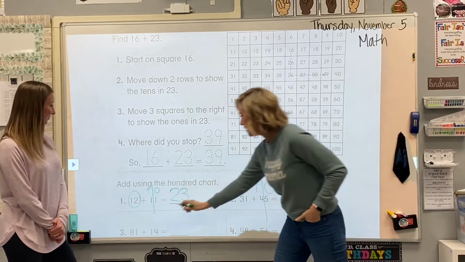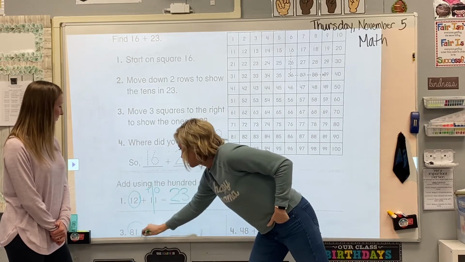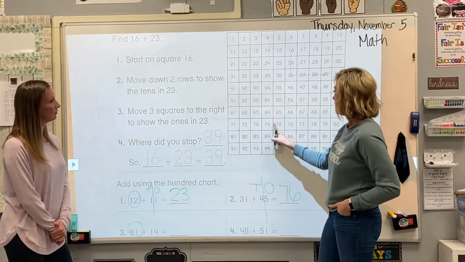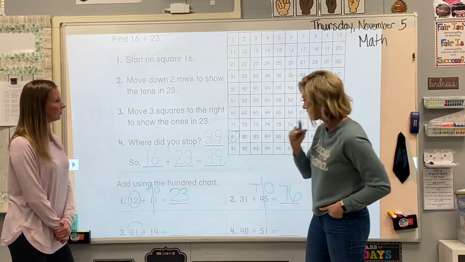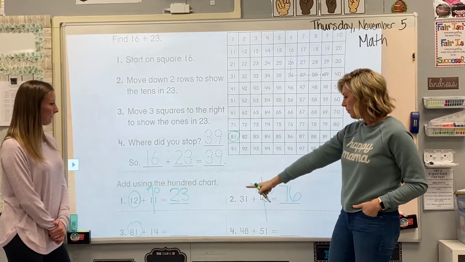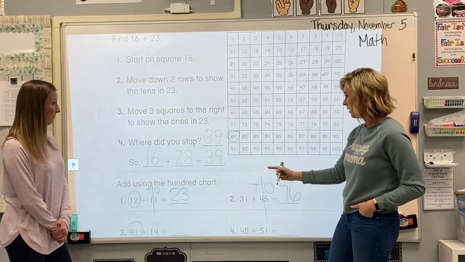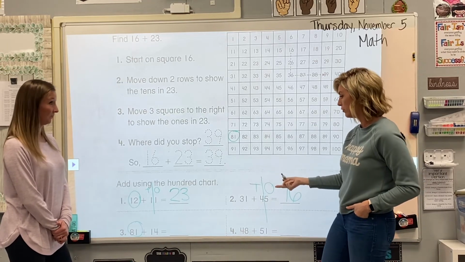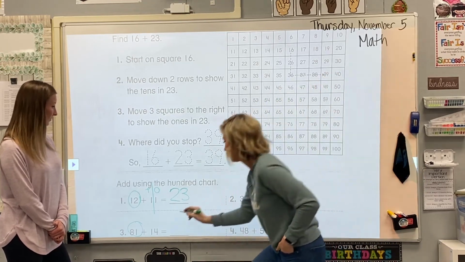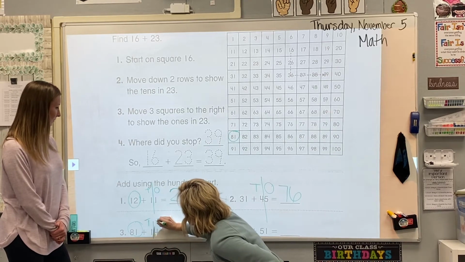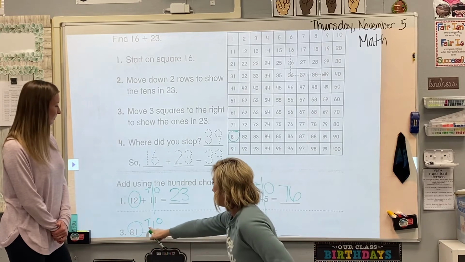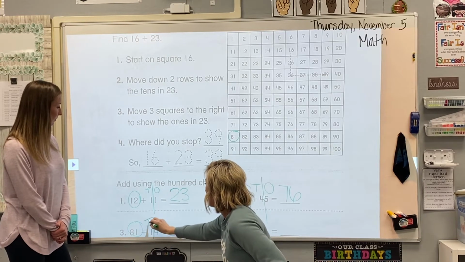All right, number 3 is 81 plus 14. And the first number is 81. That's where I'm going to start, and it looks like it's right here. So here's 81. My second number is what I'm going to add, the numbers I'm going to move. So I'm going to do what you did because I thought it was really helpful to split that number in half. And then I have TO, 2, 10s and 1s. And under my T, I have 1 group.